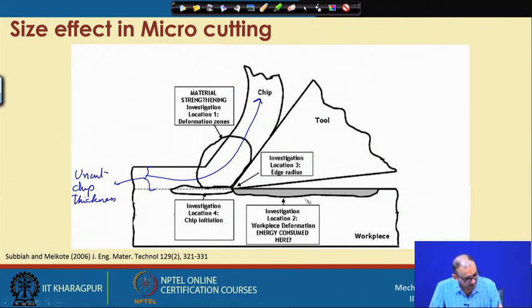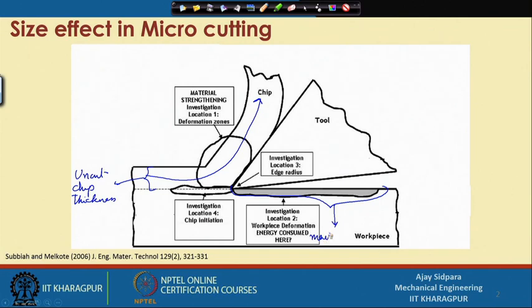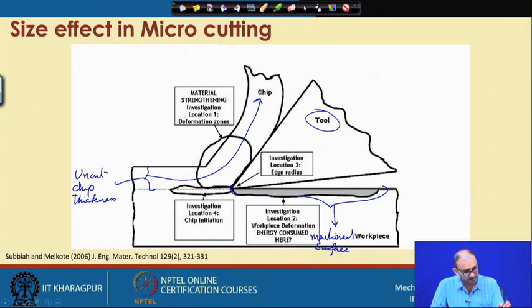This particular part is called the machined surface. This is the tool, and this is the chip. This diagram is well known because we know every aspect of it: when the tool interacts with the workpiece at a particular uncut chip thickness, that is the depth of cut, some material will be removed in terms of chips, and then you get the machined surface at this location.